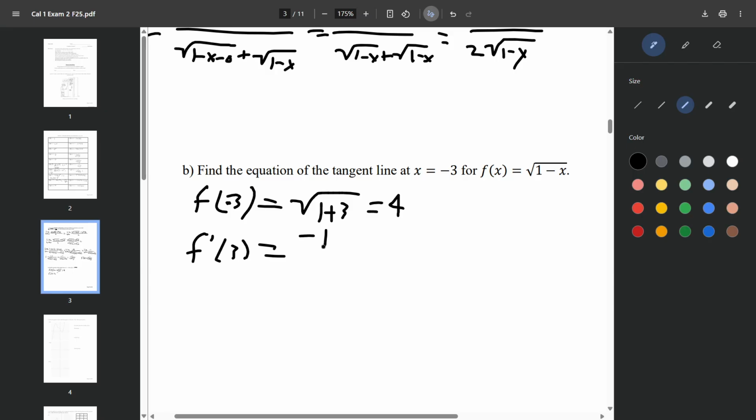And for the second part, we're going to have negative 1 over 2 root 1 plus 3, which is going to be equal to negative 1 over 2 root 4, which is negative 1/4.